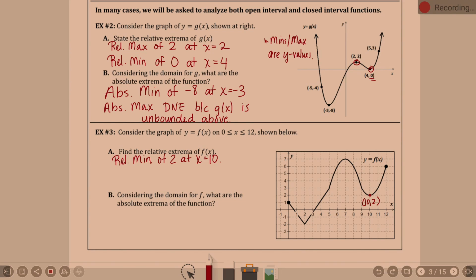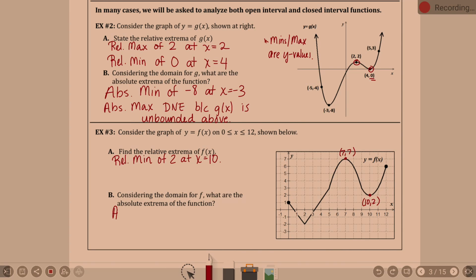With that in mind, what else do we notice? There is also another relative min. Go ahead and talk about absolute while we're here. There's an absolute max at 7, 7, and there's an absolute min at 2, negative 2.